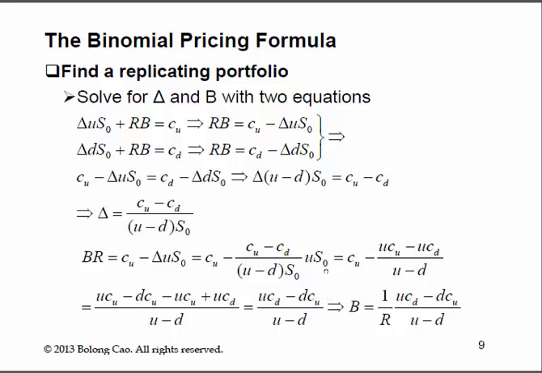So this is a cross product, and we take the difference between the two, and the denominator is the distance between the upstate and downstate. That's the compounded value, or the future value, of the borrowed amount. And then obviously to get the borrowed amount, we need to discount this value.